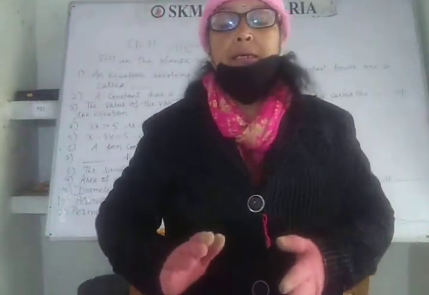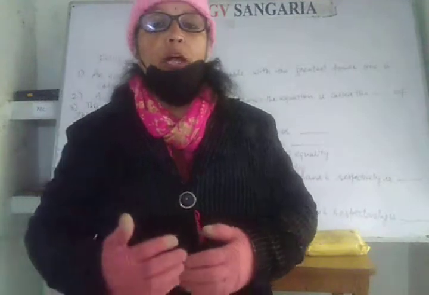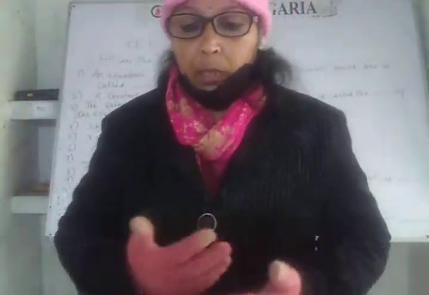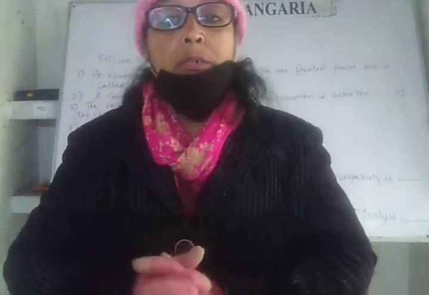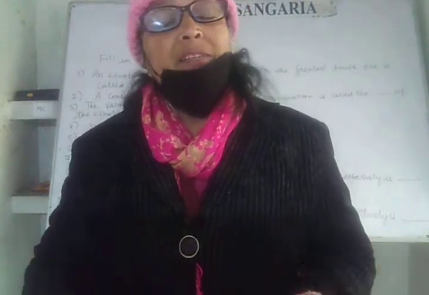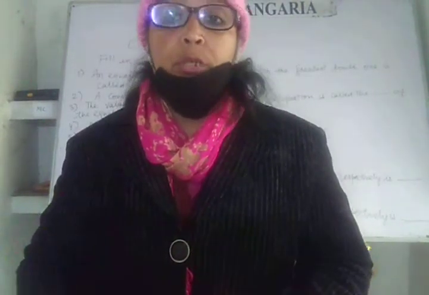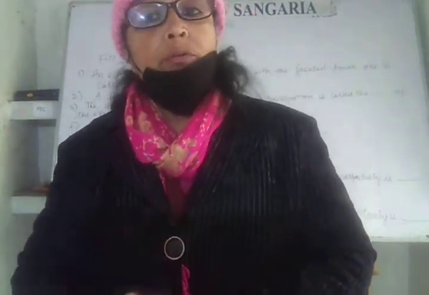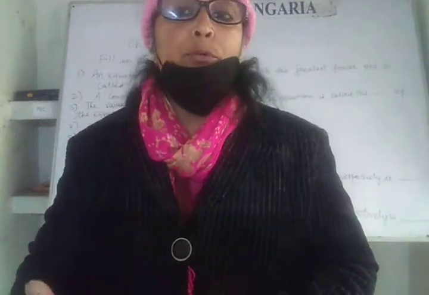Suppose x is here, we can take the value of x as 1 or 2 or 3 or 4, and this is called a variable. Variable means we can use any small letters a to z to show variables. It is a number which does not have a fixed value.